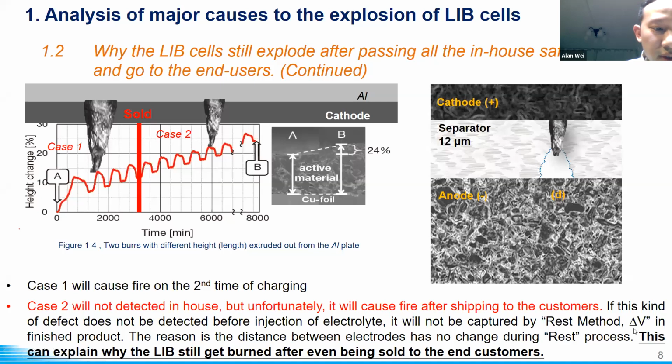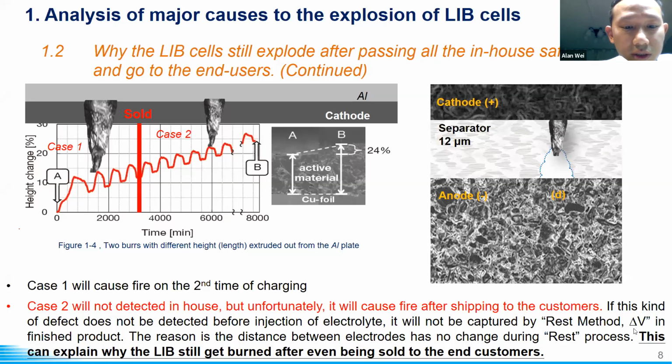This kind of defect is not detected before the injection of electrolyte. It will not be captured by the RES method. Many battery manufacturers doing the RES method measure the delta voltage in the formation process.